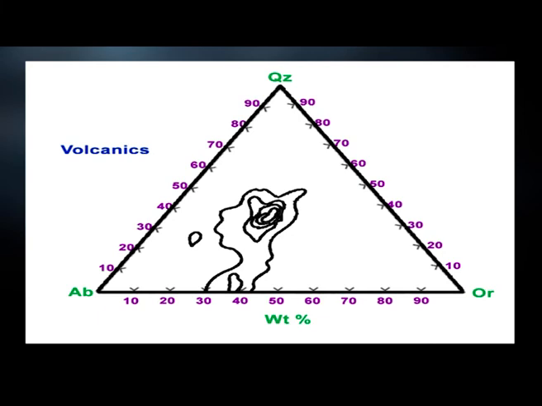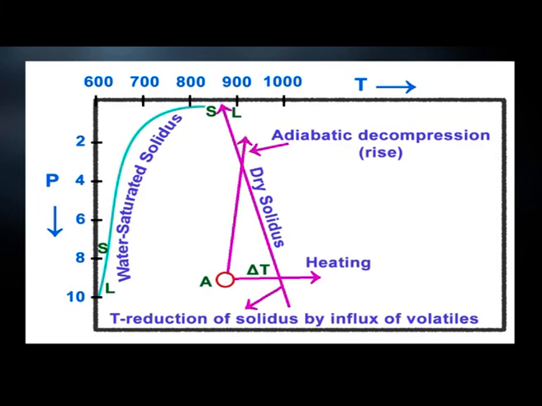The wet melts with negative slope, although produced at lower temperature, 650 to 700 degrees centigrade, and at shallower depth, that is nearly 15 to 20 kilometers within the earth, cannot rise far before crystallization. That means that wet melt will never be erupted as acid volcanic.